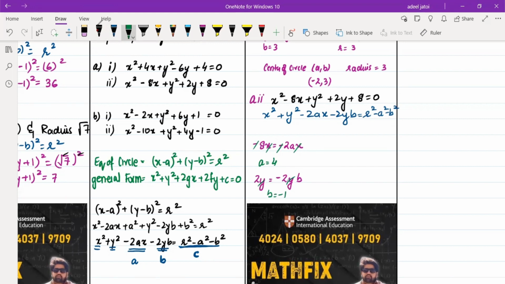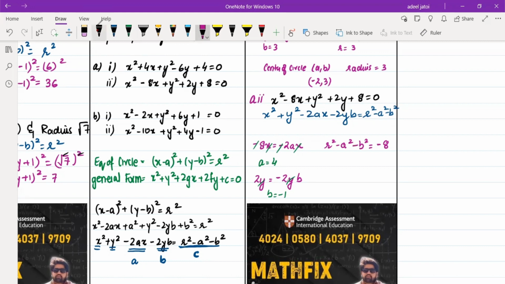Then your constant will be r square minus a square minus b square, and this should be equal to minus 8, because the constant will go on the right hand side. You can't compare directly. If r square minus a square minus b square are on the other side, then you need to shift your constant to the other side as well so that your signs match.